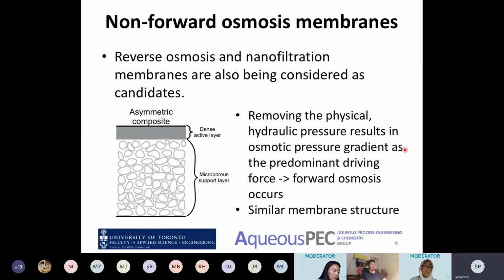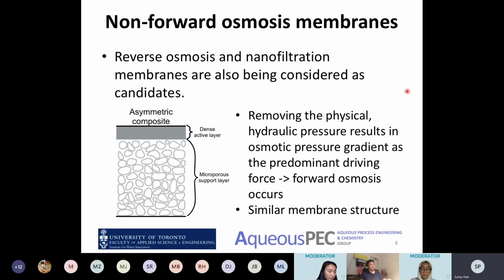They are different mechanisms. Well, you have to remember that both RO and nanofiltration do have osmotic pressure gradients present. It's just that the hydraulic pressure, this applied pressure, overpowers this osmotic pressure gradient as the predominant driving force. So as a result, when we remove this physical applied hydraulic pressure, we have the osmotic pressure gradient as the predominant driving force, which allows forward osmosis to occur.